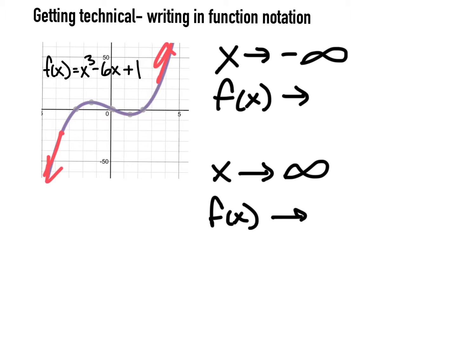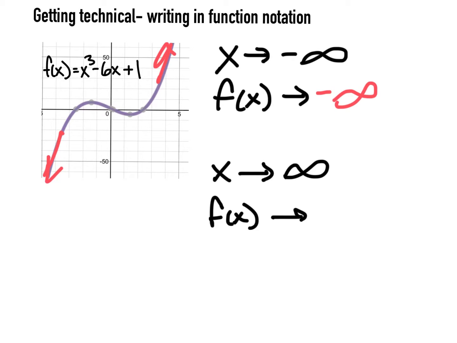We say as x goes to negative infinity, f of x goes where? These arrows are read as "goes to." So as x goes to negative infinity, so as we go more and more left on the x-axis, what's happening to f of x? F of x is going down and down and down all the way to negative infinity.